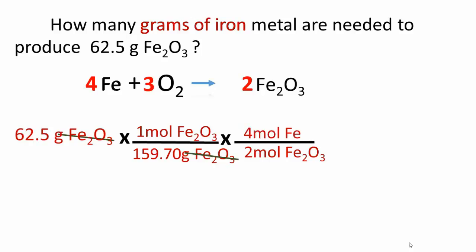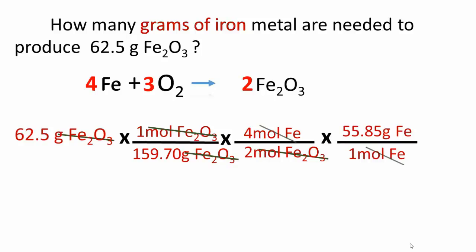And the reason we chose moles of iron here is we're trying to get to grams of iron. Moles of iron 3 oxide factor out, but we are in moles of iron still, and we need to get grams, so it's time to go back to molar mass. The molar mass of iron is 55.85 grams per mole. You'll notice we put grams on top and moles on bottom this time so that moles of iron factor out.